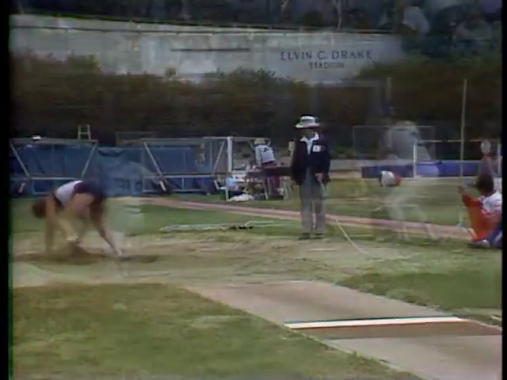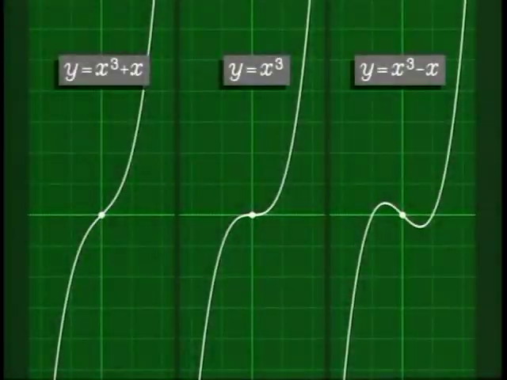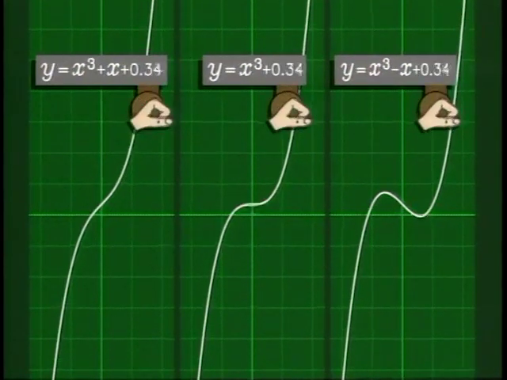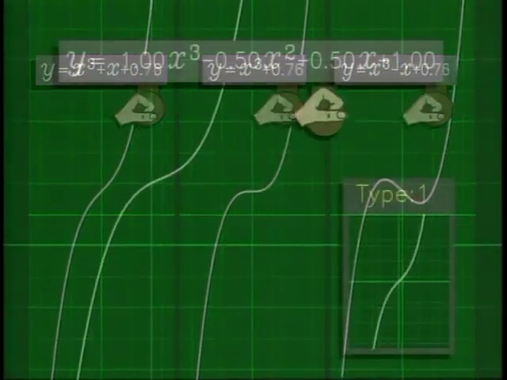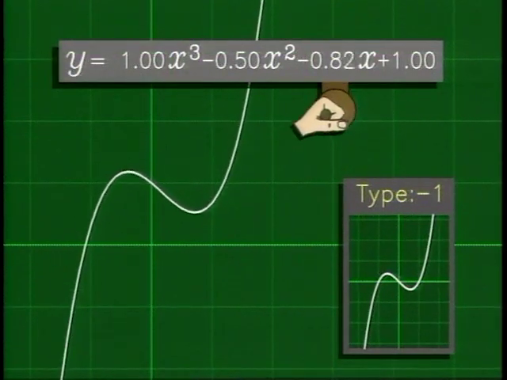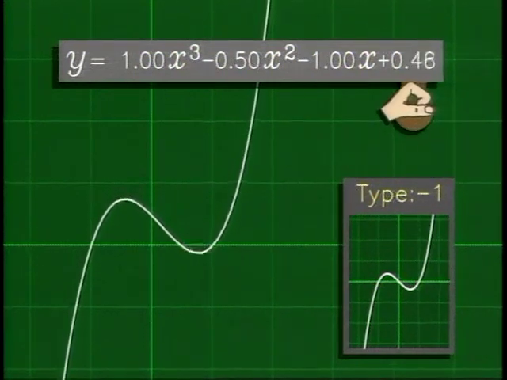Parabolas show up as trajectories of moving bodies. For cubic polynomials, there are 3 prototypes. Every cubic curve can be changed to one of these 3 types by adjusting the coefficients.